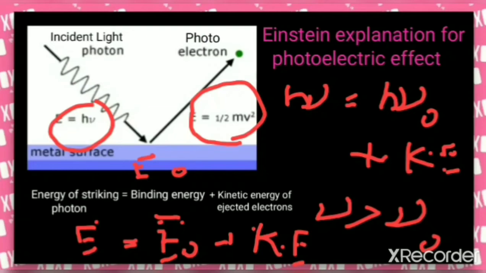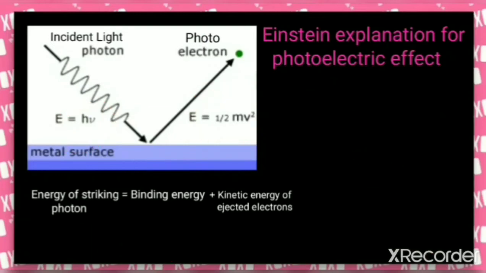Suitable means the incident photons must have a frequency greater than the threshold frequency. So nu naught should be less than nu. That means the incident photon should have a frequency greater than the threshold frequency; then only the ejection of electrons takes place.